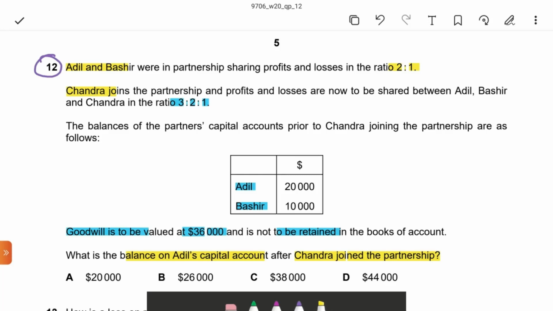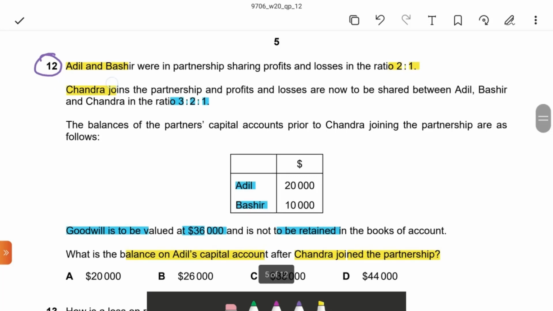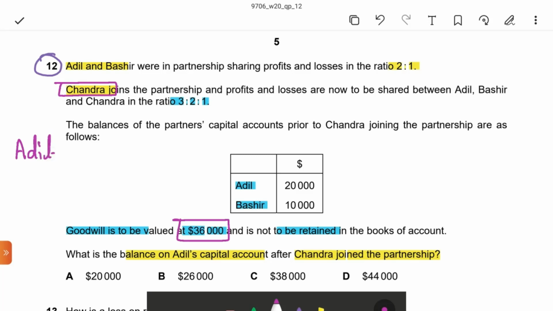So first we have to check how much Adil is sacrificing when Chandra is joining. Before, Adil's old goodwill amount was 36,000 multiplied by the old ratio 2:1.